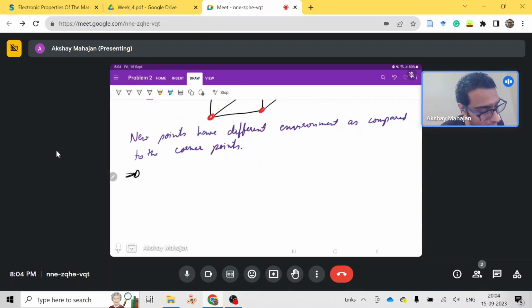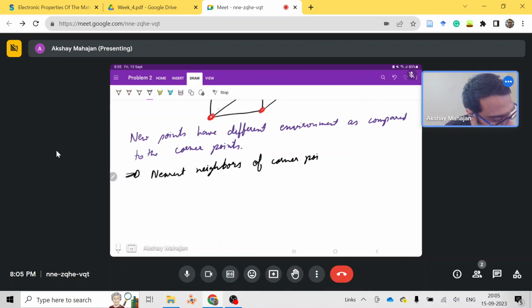Okay, so the nearest neighbors of corner points are the new points. For the corner points, let me suppose these are red, the new points are the green ones.